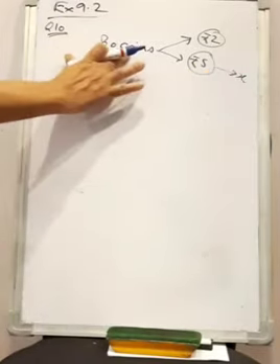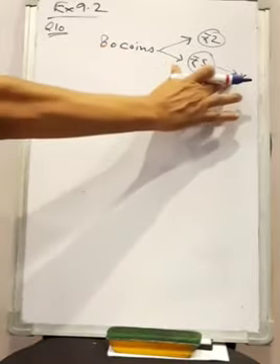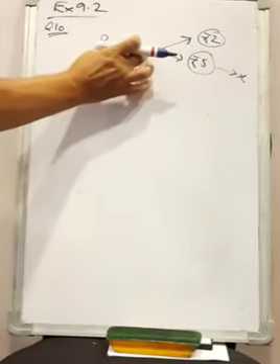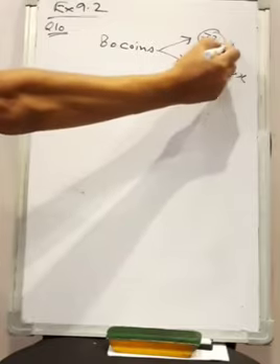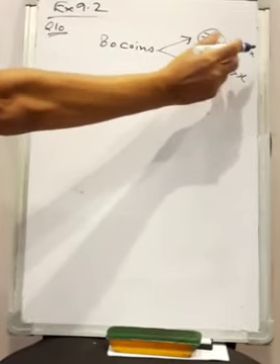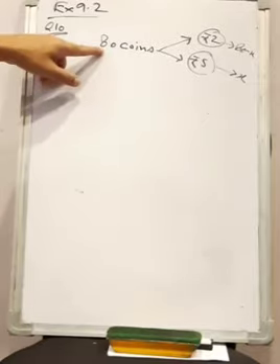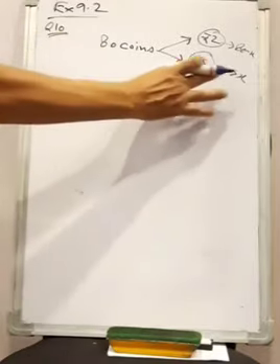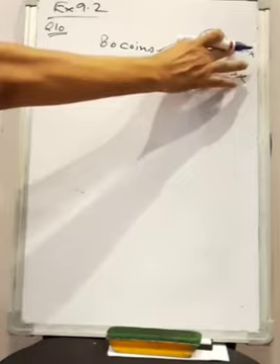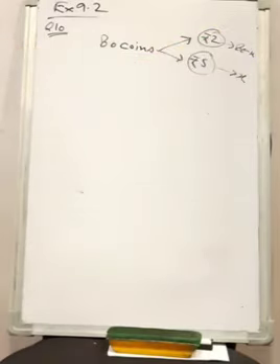So out of 80 coins, this number is x. Total coins are 80, so this number will be 80 minus x. So the first number of coins is x, and the second number of coins will be 80 minus x.